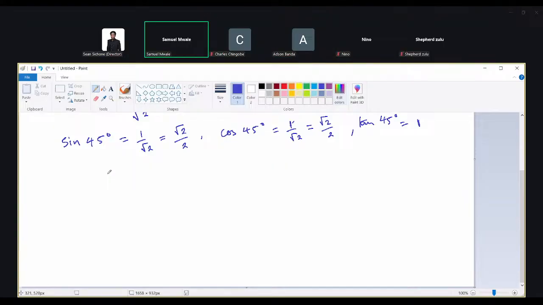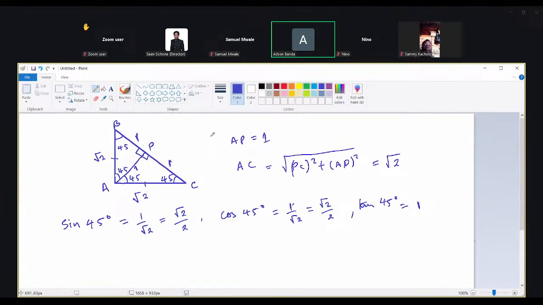Sir, how is tan 45 equal to 1? I didn't see clearly how you did it there. Maybe I've made a mistake. Let's see the triangle. So if you are using that triangle and you have 45 as your angle, the tangent is the opposite over adjacent, isn't it?